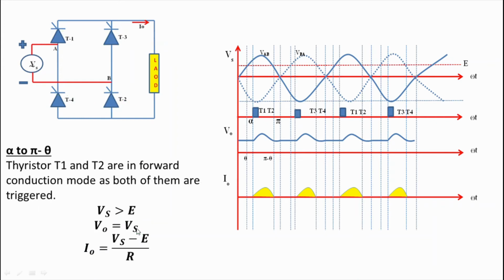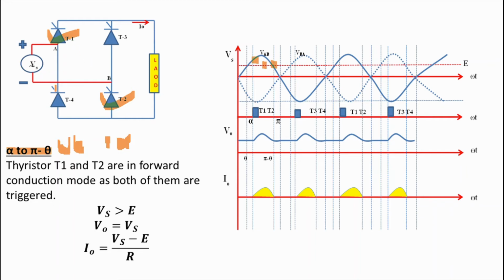Now we will see the circuit operation from alpha to pi minus theta. At omega t equal to alpha, thyristors T1 and T2 are triggered and both are forward biased. See, from omega t equal to alpha to pi minus theta, this VAB is greater than EMF E. It means both thyristors T1 and T2 are forward biased and they are triggered at omega t equal to alpha.